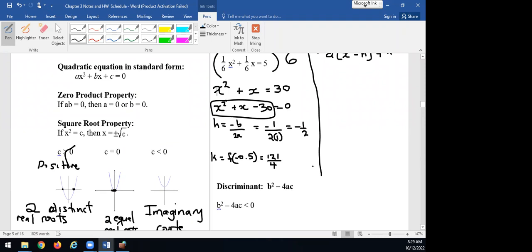How'd you get 121? Because I work mine as a fraction. I just did mine mentally, so it's -1/2 squared. If you square -1/2, that's going to be 1/4. Then you're going to be subtracting 1/2 and then minus 30. I did mine as a fraction, right? But if you do it as a decimal, it doesn't hurt, you get the same result. Or you can plug the fraction in your calculator using the alpha y equal to.